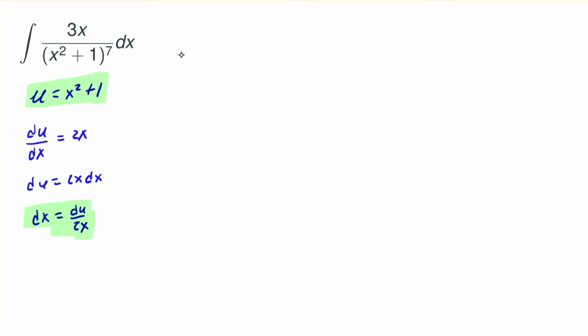So let's do that. Well, now we're going to substitute 3x over, well, this entire thing is u, so u to the 7th power. dx is the same as du over 2x. You can see that this x cancels out.